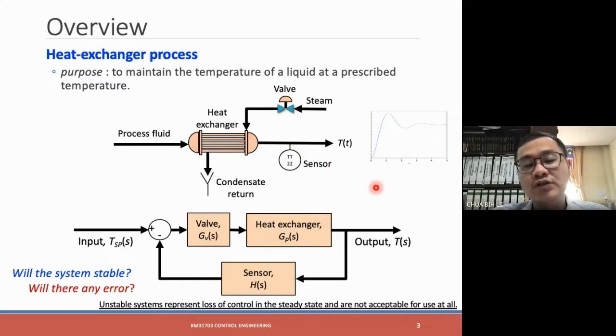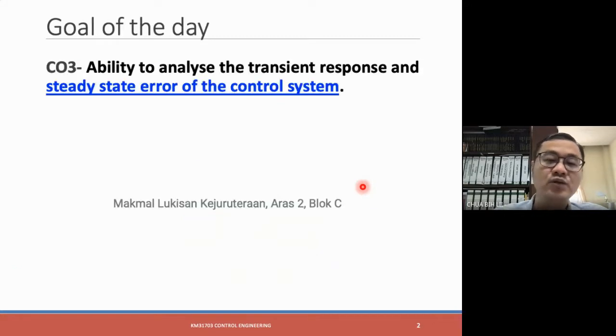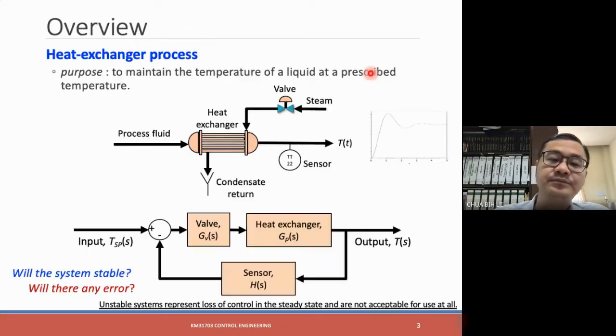So the typical questions in this process would be, first, will the system be stable? And the second question that we try to address is, will there be any errors? Yes, errors will occur.